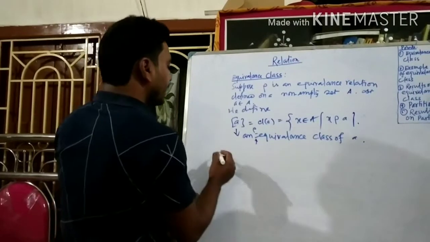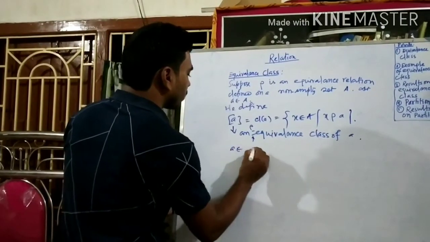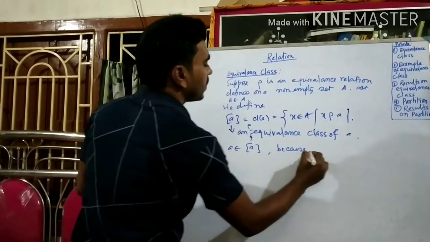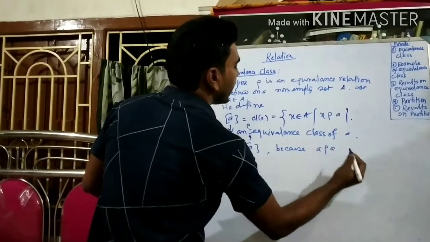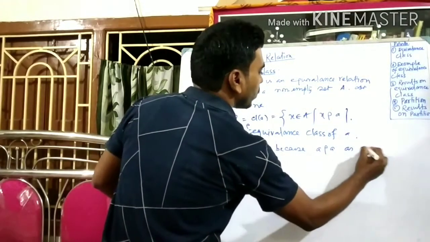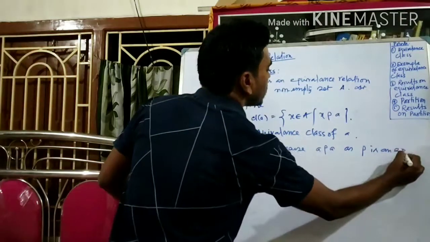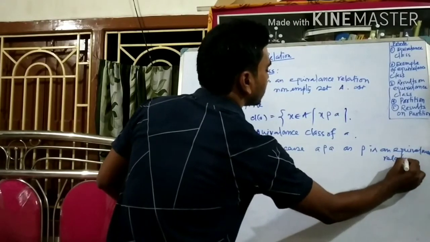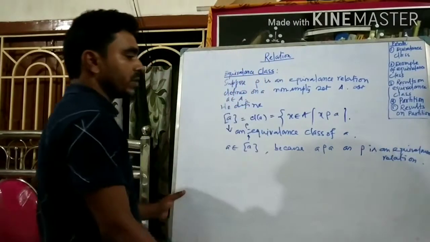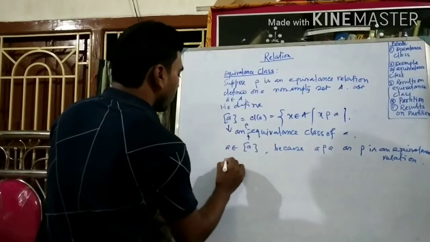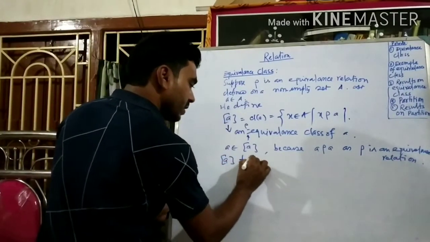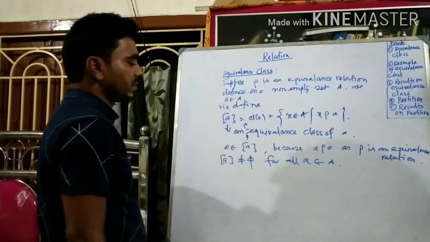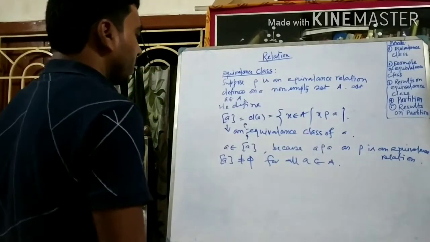Now, it is clear that a belongs to class a because a is related to a, as rho is an equivalence relation. So, box a is non-empty for all a belongs to A.